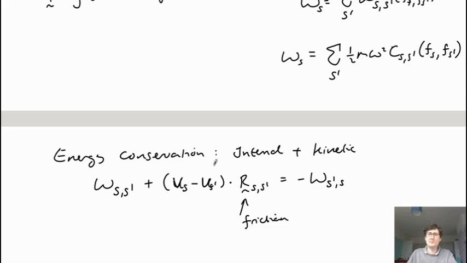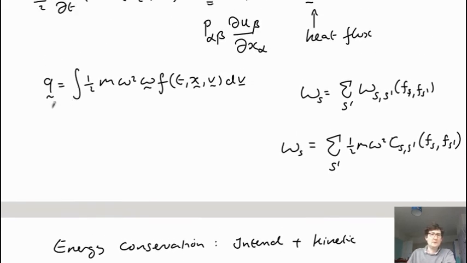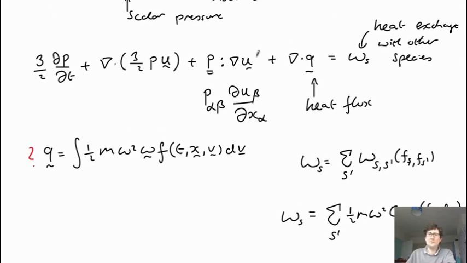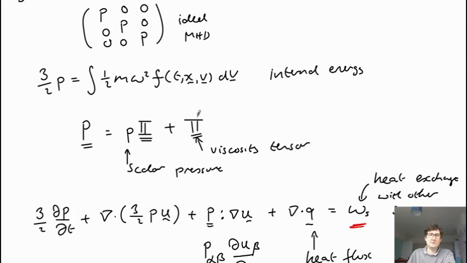Okay, so the main problem with this model, as with all fluid models, is that it's still incomplete. We still need to know what this term is. We need to find some kind of equation for the heat flux. We need some kind of equation for these W's, these moments of the collision operators, and some way of working out what this viscosity tensor is.